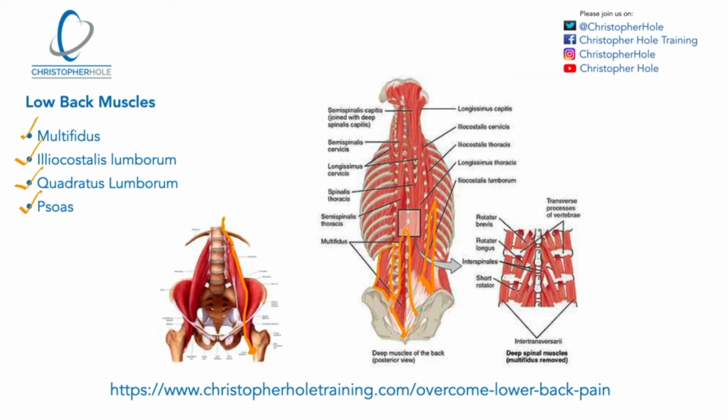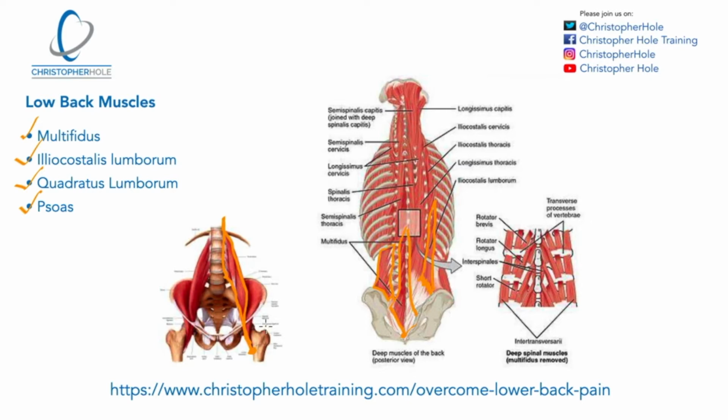It also has small fibers that blend into the diaphragm as well. So that is where breathing would be involved in your rehabilitation because of that muscle. So it joins L4-5 all the way up to L1, T12, and then some fibers go up into the diaphragm as well.